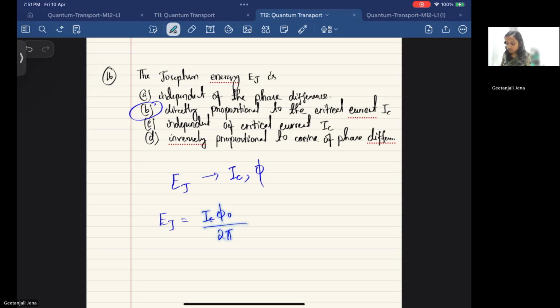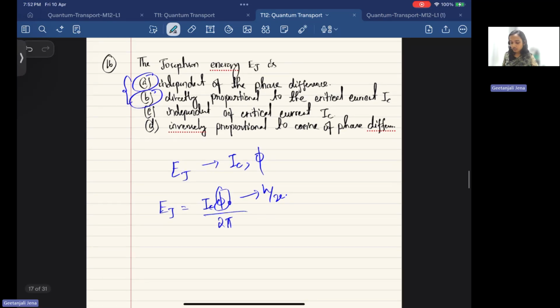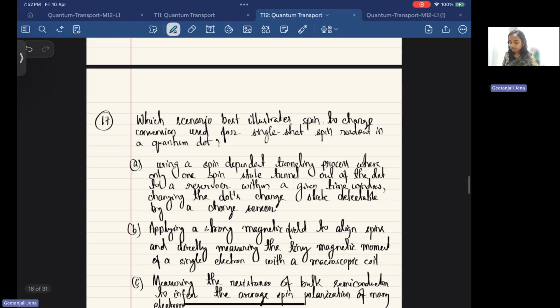And if you look at the other value, phi 0, it is nothing but the flux quantum, which is constant, h by 2e. So EJ doesn't depend on the phase difference. So option A is also an answer. So A and B are the correct answers to it. Okay, so that is the dependence of EJ on the critical current as well as the phase difference.